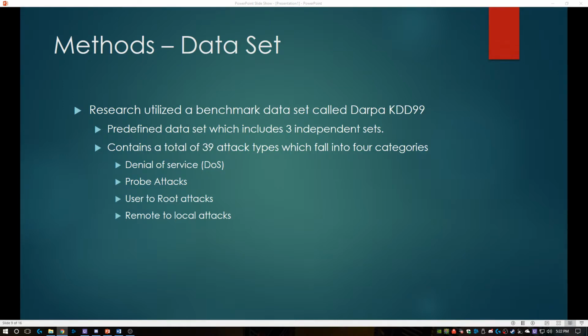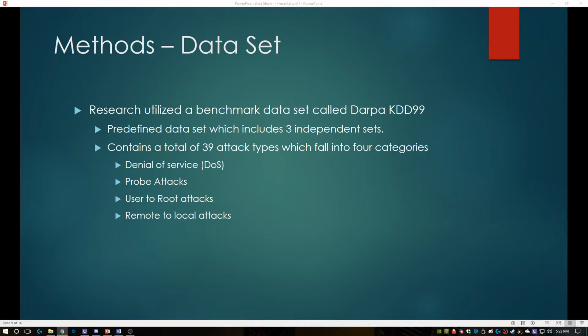Denial of service attacks are where attackers disrupt a host or network service in order to make legitimate users unable to have access to their machine. Probe attacks are where attackers use programs to automatically scan networks for gathering information or finding known vulnerabilities.